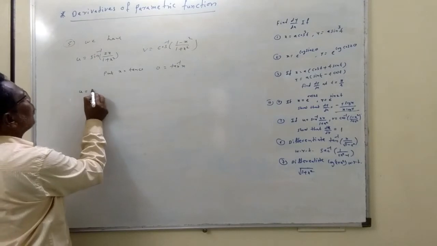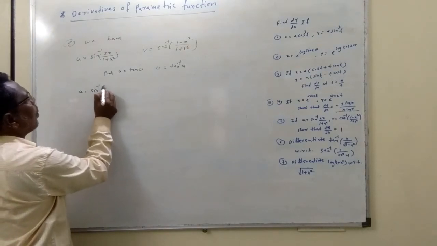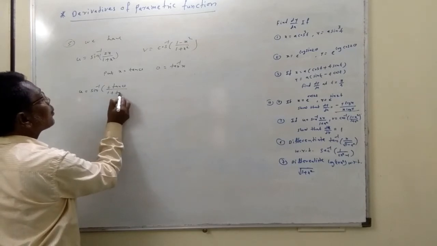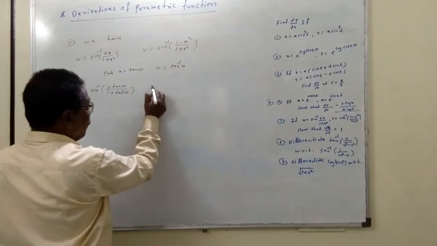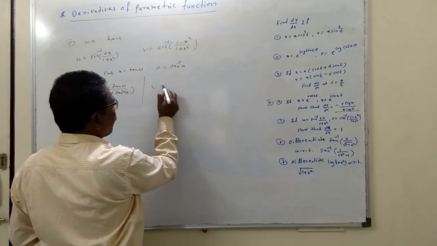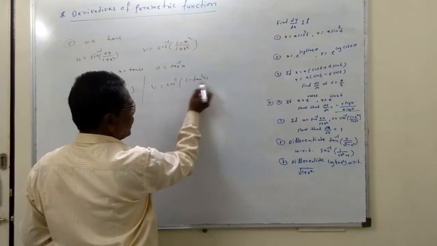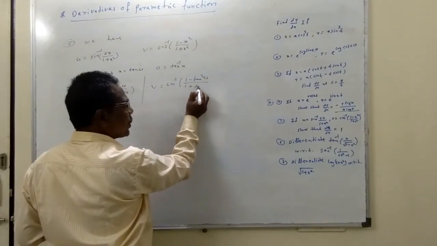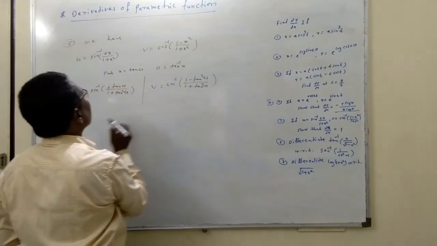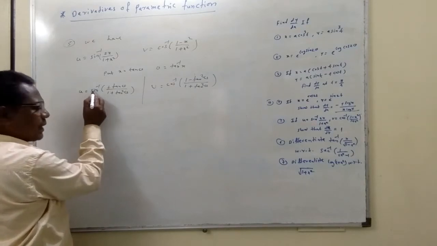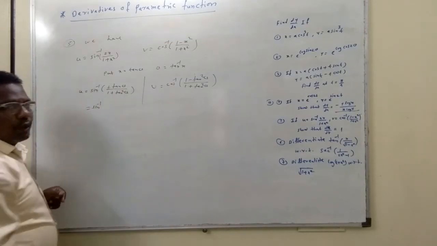So u is equal to sin inverse of 2 tan theta divided by 1 plus tan square theta, and v is equal to cos inverse of 1 minus tan square theta divided by 1 plus tan square theta. Now as we have sin inverse, sin is required.